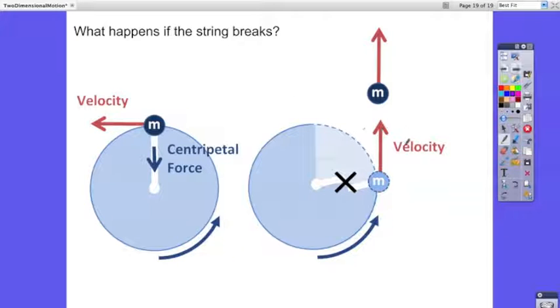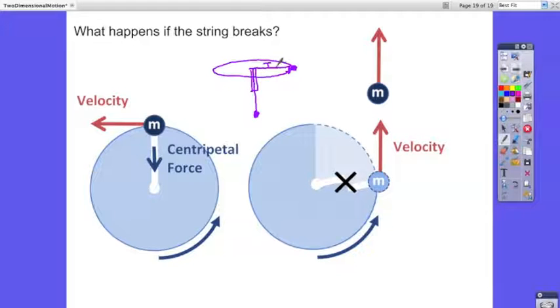So what happens, we kind of alluded to this a minute ago when we were talking about what happens if the magic track turns to ice. If an object is moving in a circle and whatever force is causing it to move in a circle stops. So like if we're going to do a lab where we'll have a little cylinder and there's a weight hanging down, there'll be a string going through, and we're going to swing this object around in a circle. So the tension in this string will be keeping this object moving.